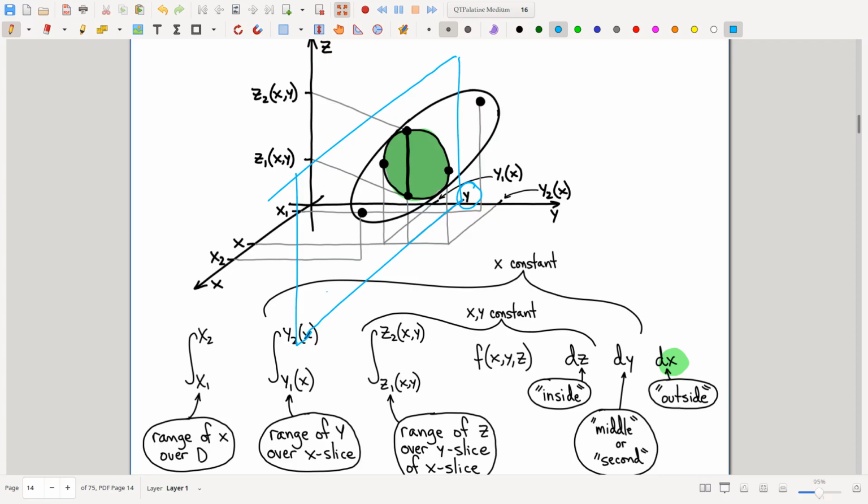If I have this x slice and then I slice it perpendicular to the y-axis, I claim that I get a little line segment about like that. What do you think? Everybody see that?